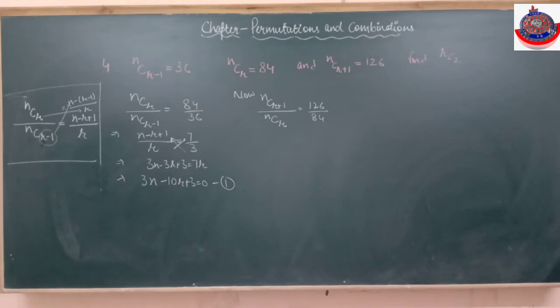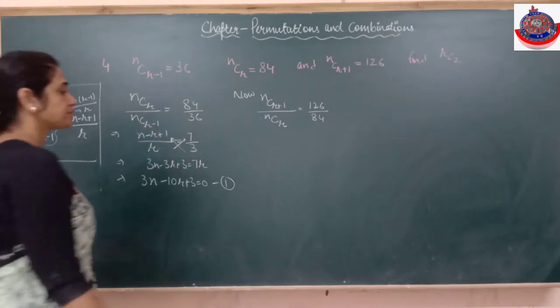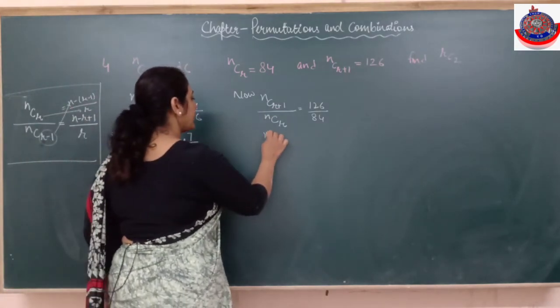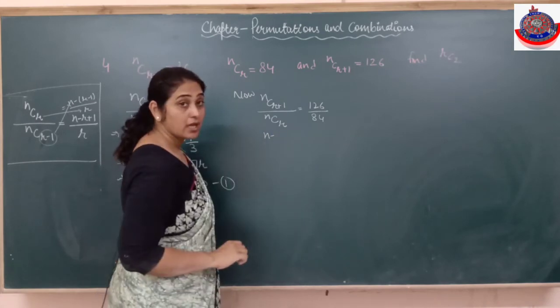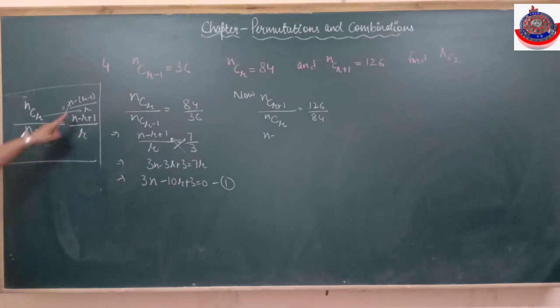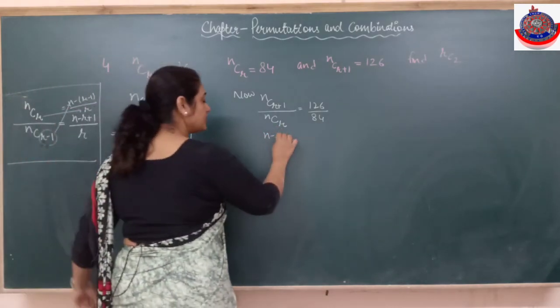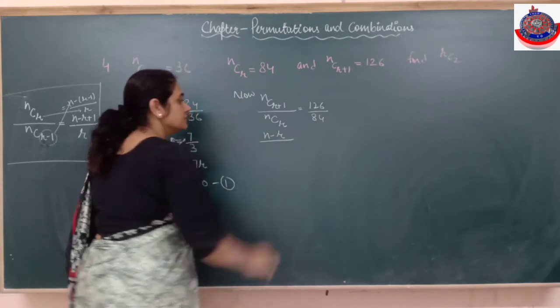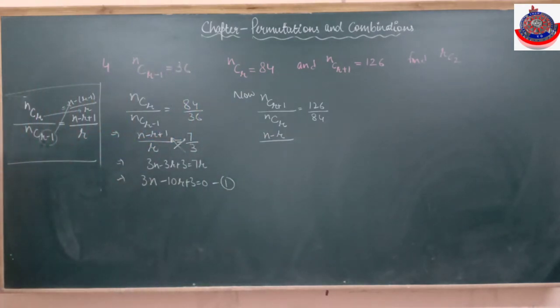Is it clear? Alright. So, this will become n minus r, that minus r. So that is r only here. Is it clear? Alright. And what will come in denominator?